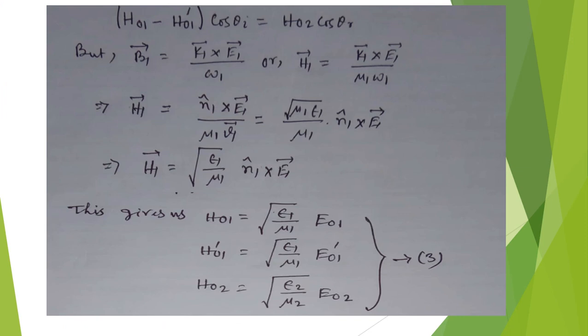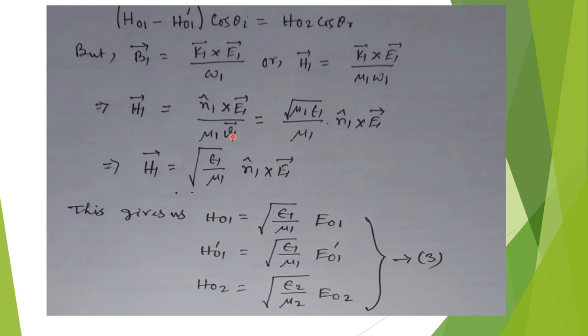But B1 vector is equal to k1 cross E1 divided by omega, or B1 equals mu1 H1, that is H1 is equal to k1 cross E1 divided by mu1 omega. This can be written with k1 equal to n1 into k1 hat, that is n1 by mu1 into omega by v1, where v1 is the velocity.